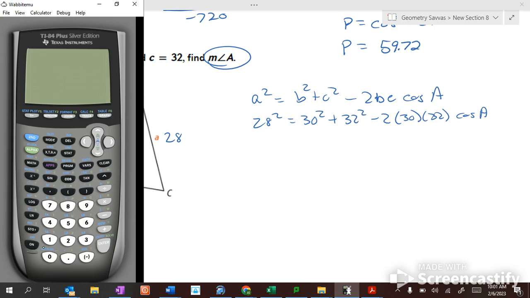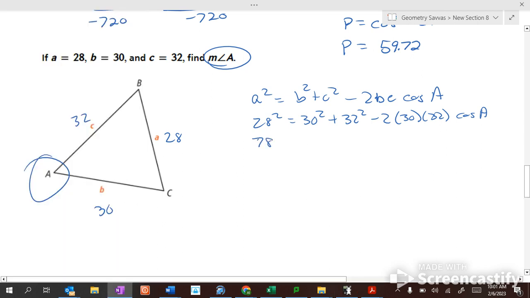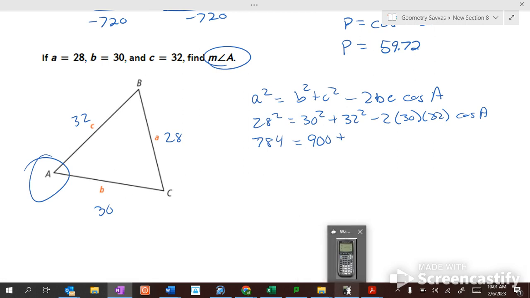So, 28 squared is 784. So 784 equals 900 plus 32 squared is what? 1024 minus 2 times 30 times 32, which is 60 times 32, which is 1920, yep.